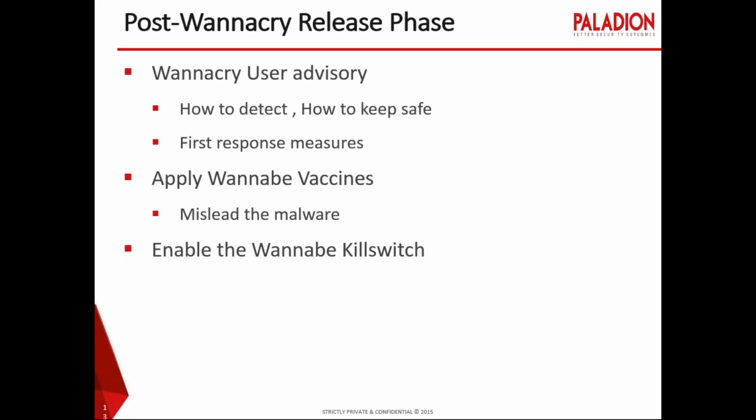So WannaCry believes that it has already encrypted the system and would not do any further encryption, whereas what you have put is just a dummy extension. So if there are any vaccines available, and once you have tested that, that is also a workaround that could be used for temporary relief.